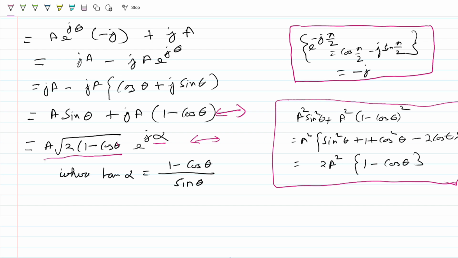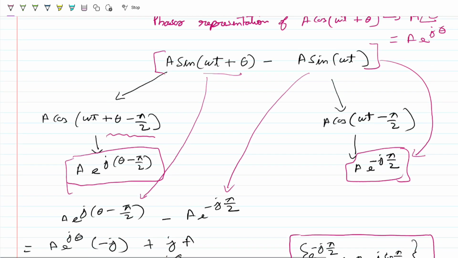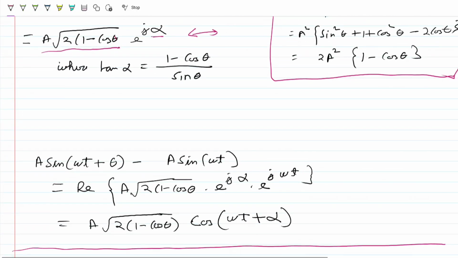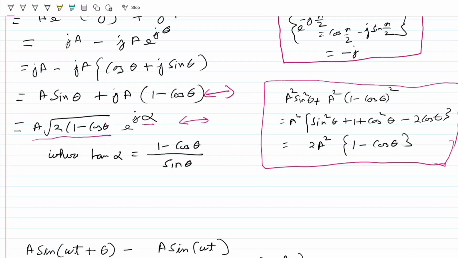And in this case, we have represented the expression that we had begun with, simplified into a Phasor notation, eventually by this term. So this is the Phasor representation of the expression that we started with.